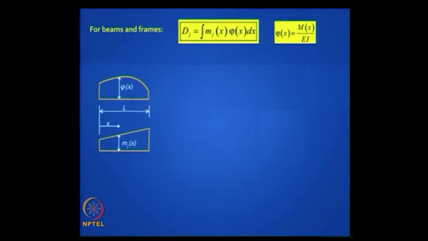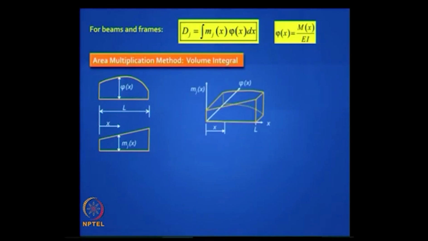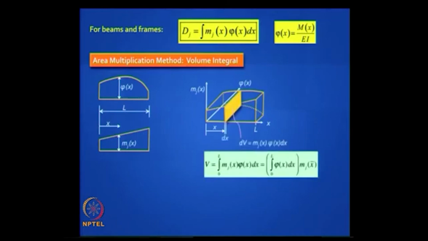You are multiplying a curvature diagram which is real with a moment diagram caused by unit load which is virtual, and if you look at that integral you can see that it is really a volume, and you can invoke what is called the area multiplication method by taking a slice of that volume. You will find that the local elemental volume is dV is mj x into phi of x into dx. It is very easy to understand this, and actually you are integrating over the length of that element. Is it clear? So you can do this.